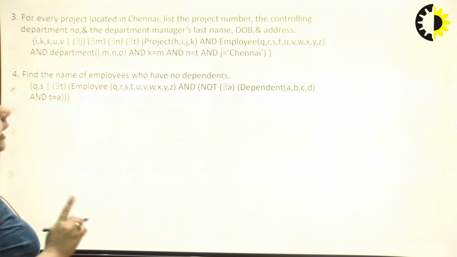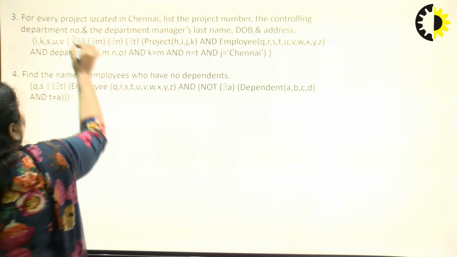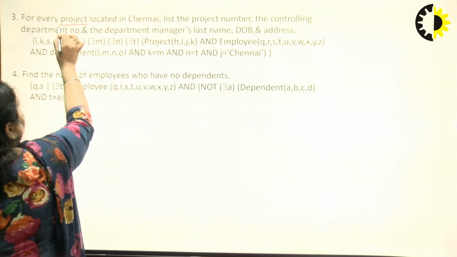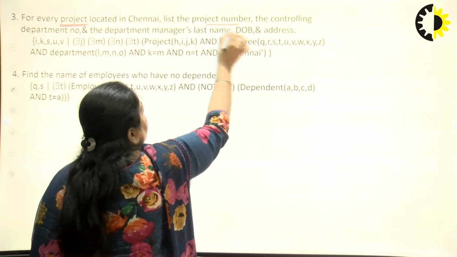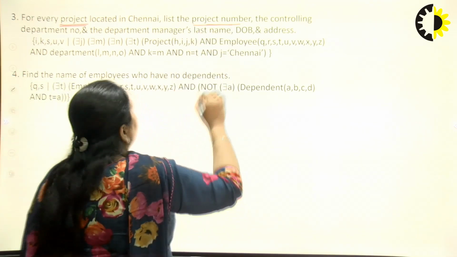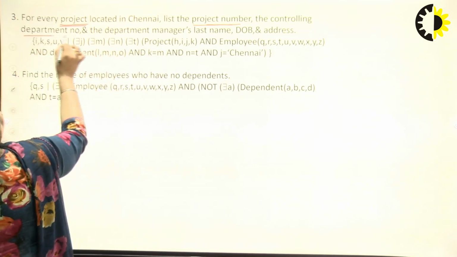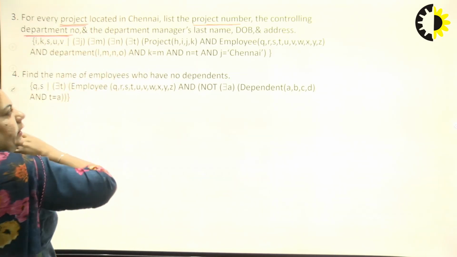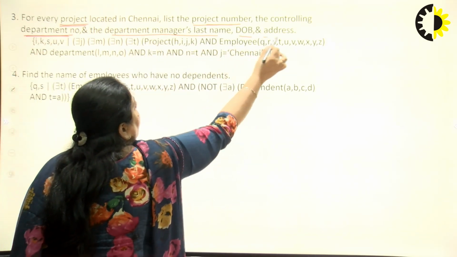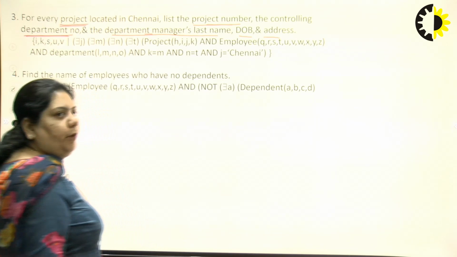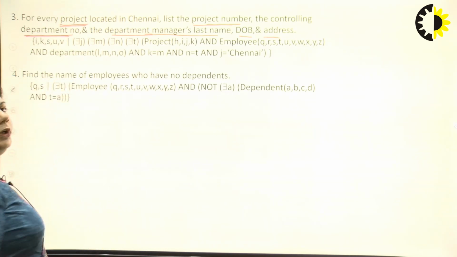See, we are having three categories here. Project located in Chennai, so we want a project table. List the project number, for this also we want the project table. Controlling department number, for this we want the department table. Department manager last name, date of birth and address, for all three we want the employee table. So we will require three tables here.